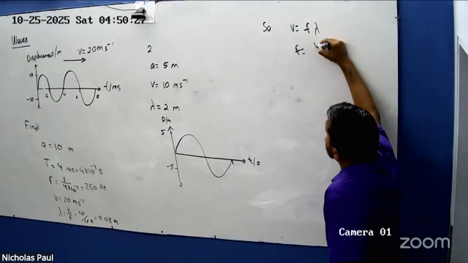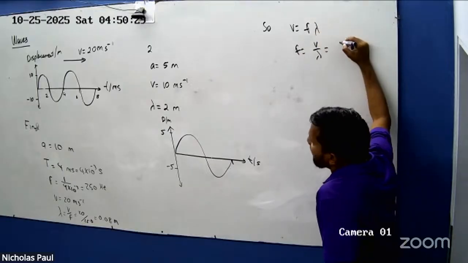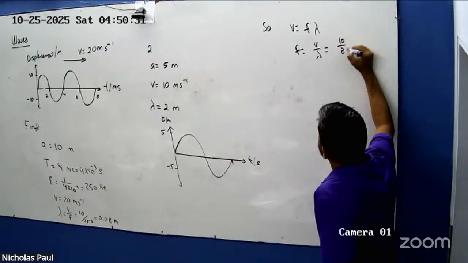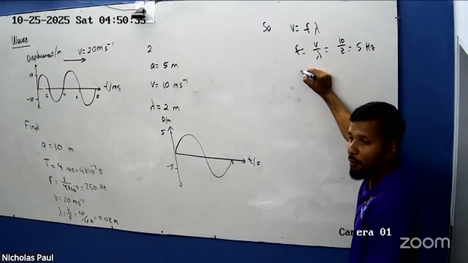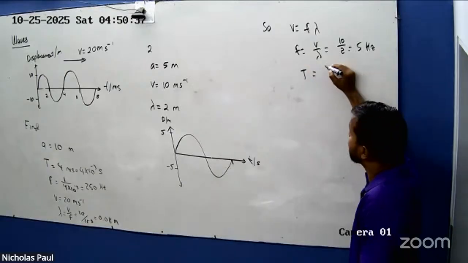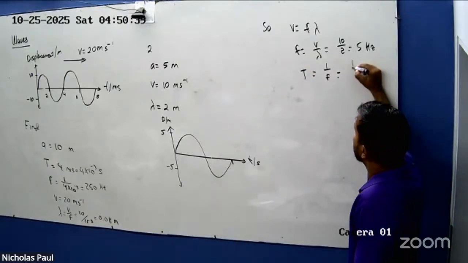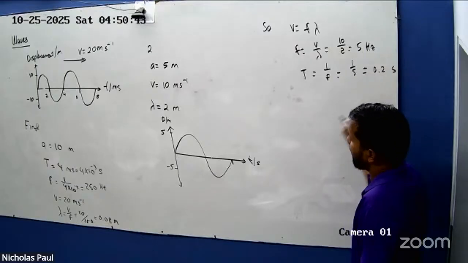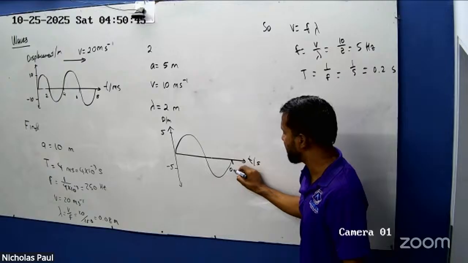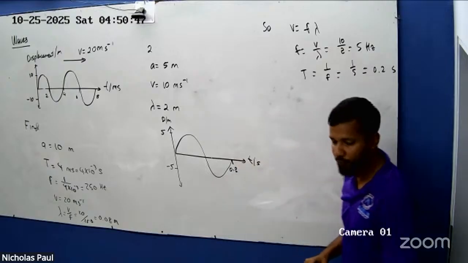So F is equal to V over lambda. V is 10, lambda is 2, so we get 5 hertz. Now, how do you get period? Period is 1 over F, so that's 1 over 5, which is 0.2. So the value here is 0.2.